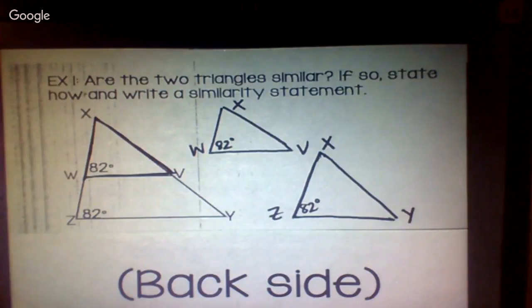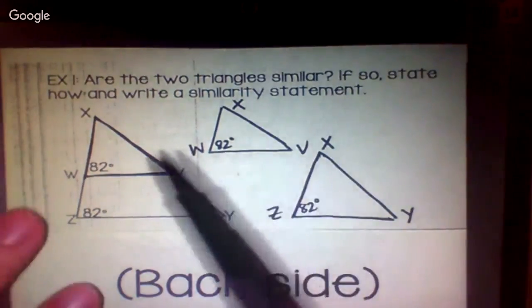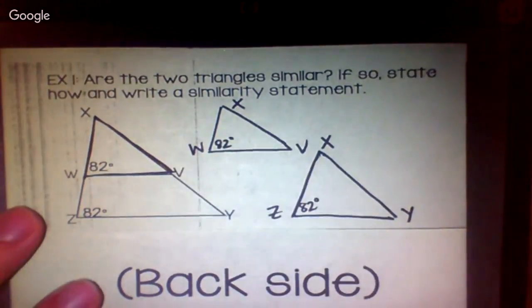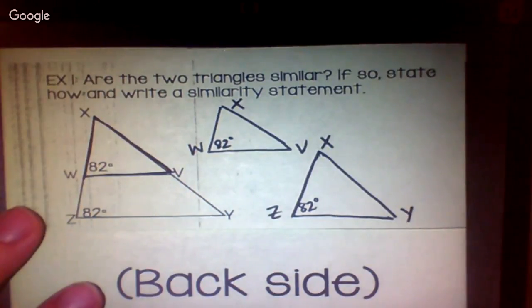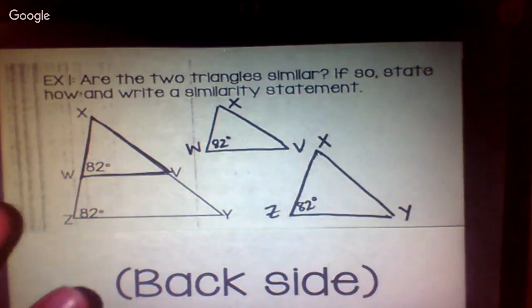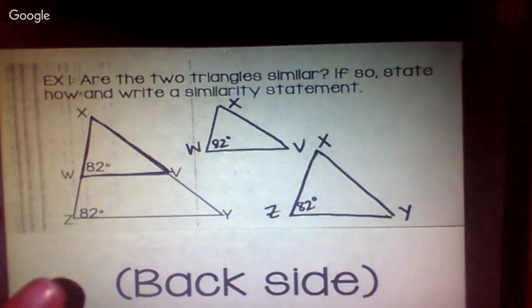What happens when I lay the two triangles on top of each other? It makes one big triangle, but what do they share in common? They are the same shape. What do they share in common, though? The X. Take a look.